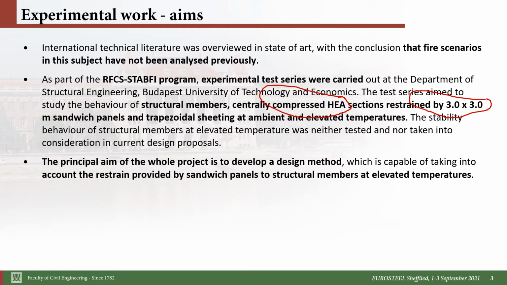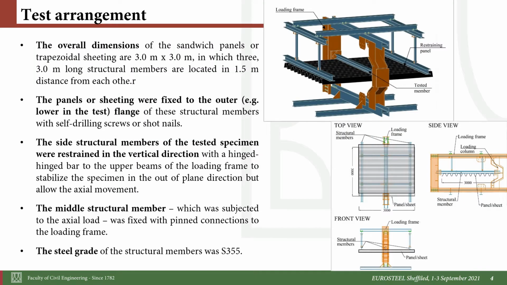We had this experimental test with the financial support of the Eurosteel project, supported by the RFCS. At the end of the day, we would like to define design method and guidelines for designing this kind of members.